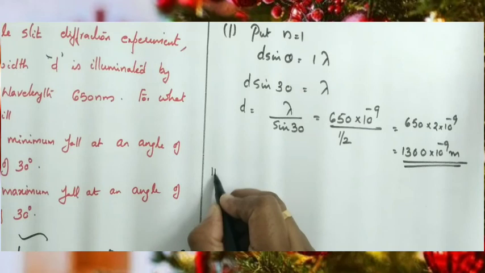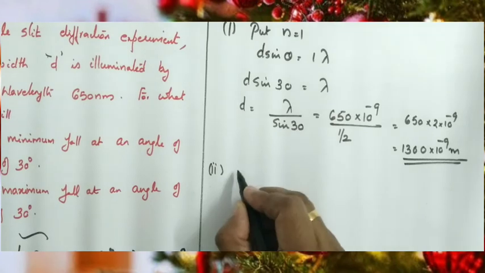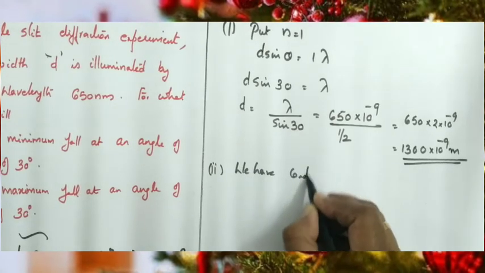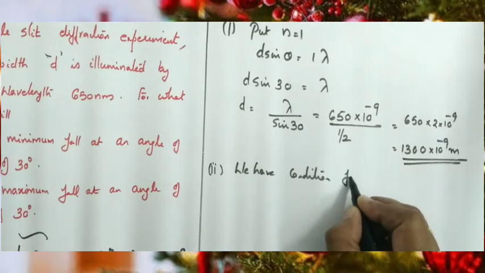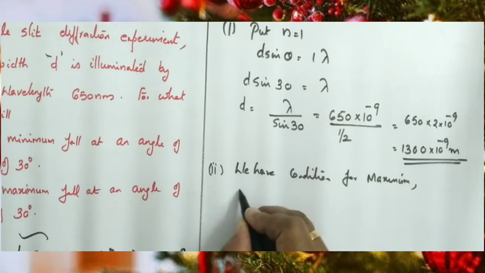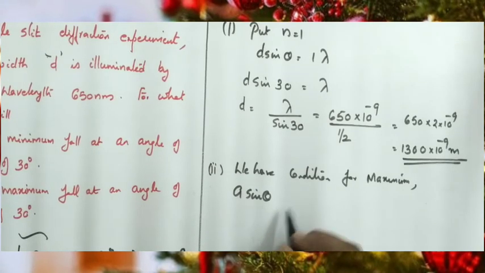Now, the second one. Second one is the first maximum fall at an angle of 30 degree. We have the condition for maximum, which is A sin theta. Here also angle is given, so we can take the direct formula.